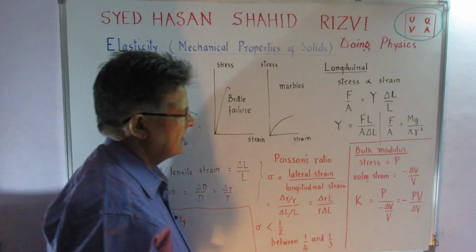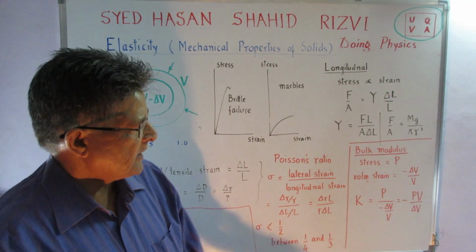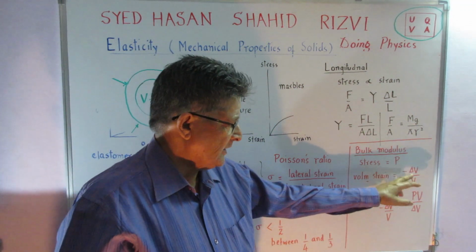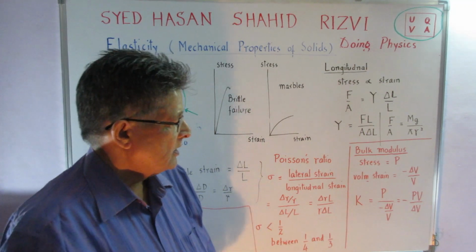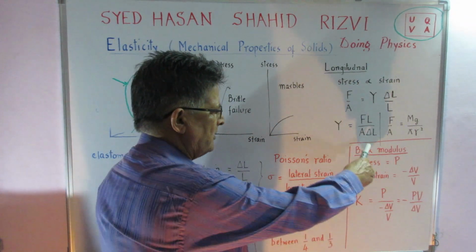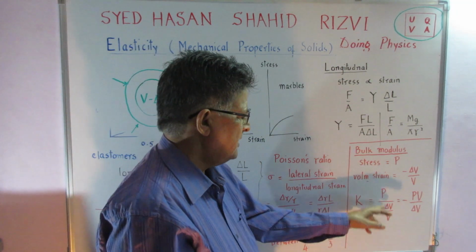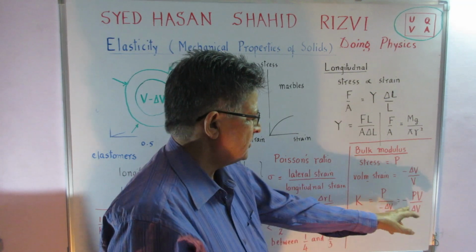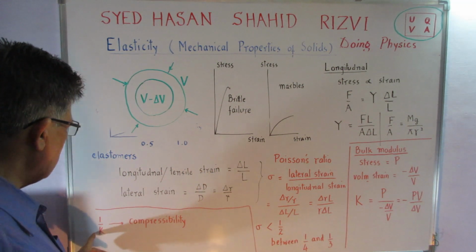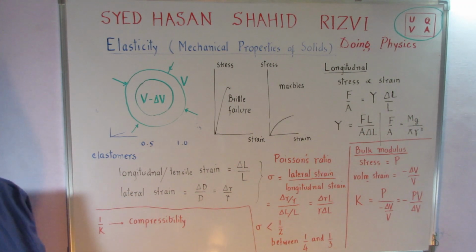So in determining the bulk modulus, the stress is equal to the force per unit area, which is nothing but the pressure. Volume strain is equal to minus delta V upon V. So we can write for the bulk modulus of elasticity, capital K, equal to the stress upon strain, and K becomes equal to minus PV over delta V. The reciprocal of K, that is the bulk modulus, is called compressibility.